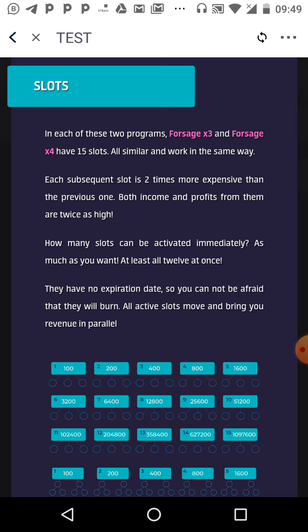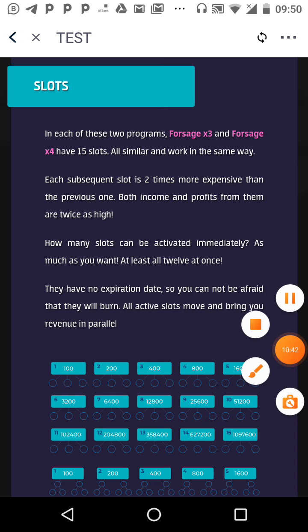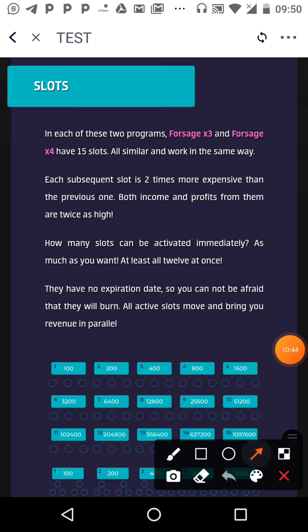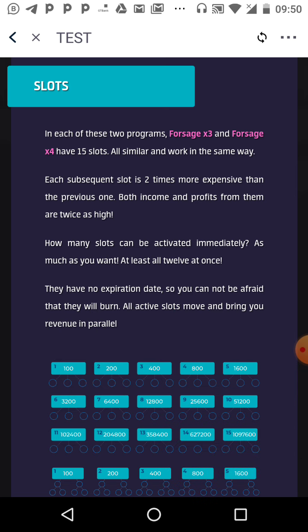What that means is, if you buy slot 1 for $100 or for 100 Tron, you're going to be buying slot 2 for 200, slot 3 for 400, slot 4 for 800, and slot 5 for 1,600. So you buy each slot at 2 times what you paid for the previous one. That's what that means.